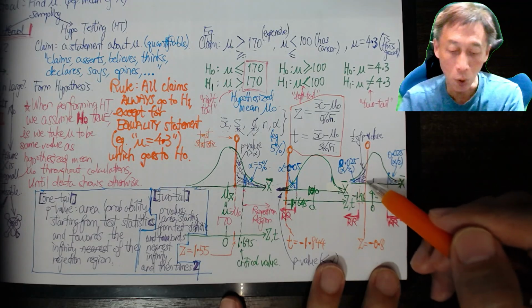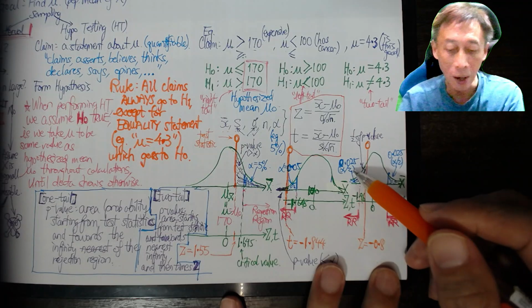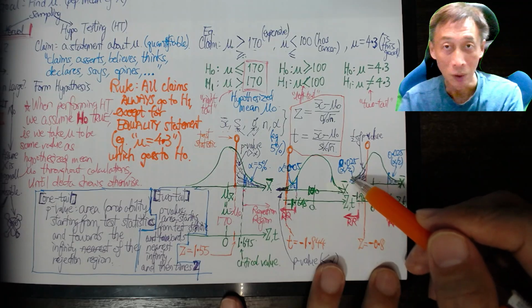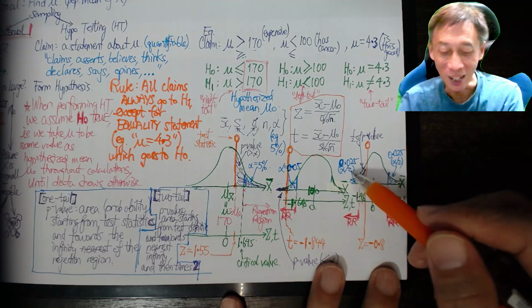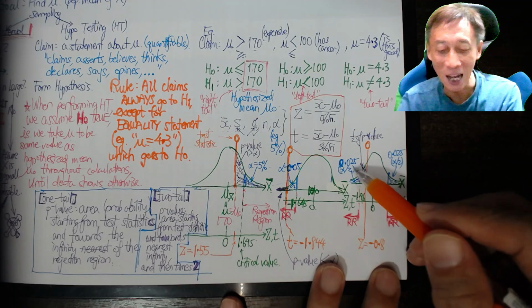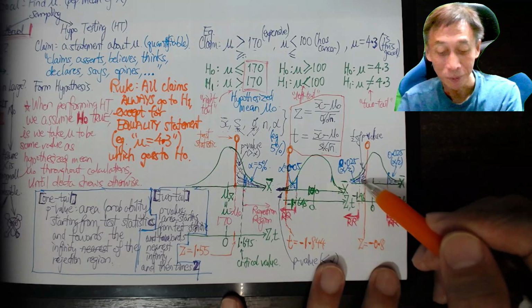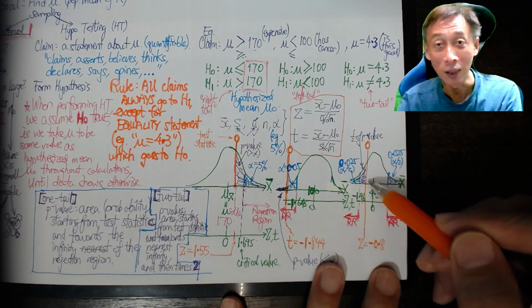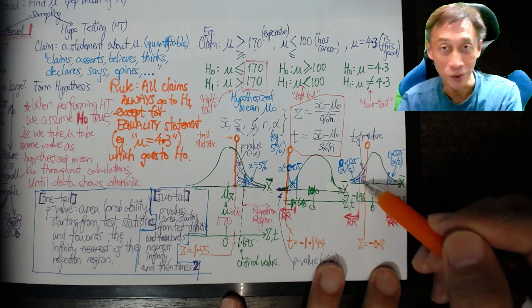So if we report this as p-value, then we have to compare with alpha divided by 2, because as you see, this p-value can be easily larger than half alpha, and you are already in the non-rejection region, right?